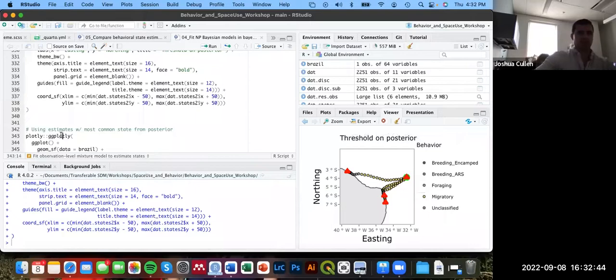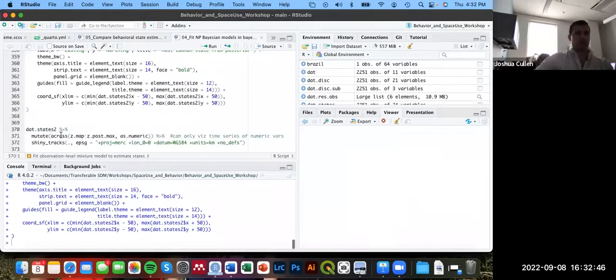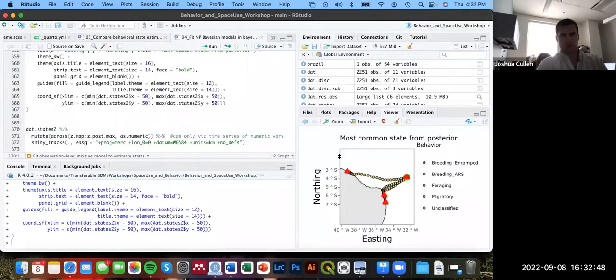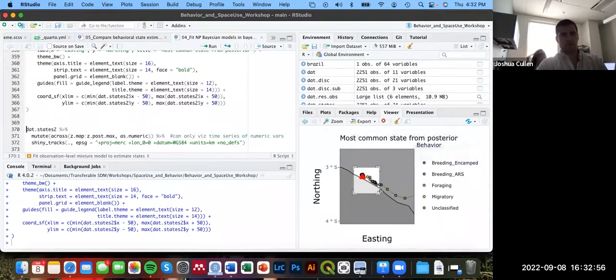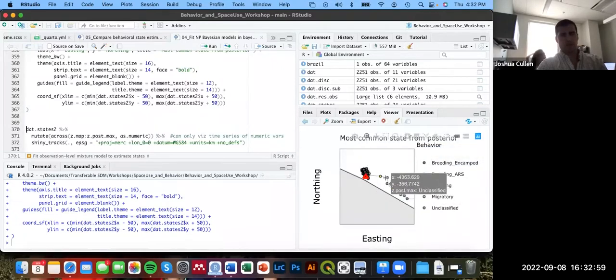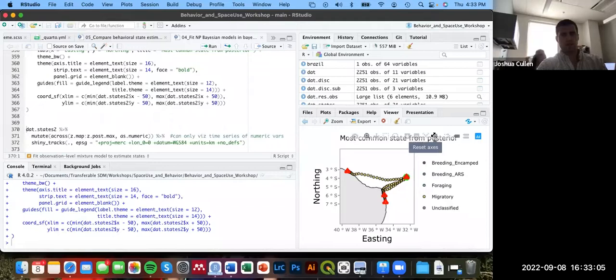And then lastly, using the maximum value from the posterior, this is going to represent something more similar to a hidden Markov model, where there's very few missing values, at least for this Bayesian model, and almost everything is labeled. And this resets.